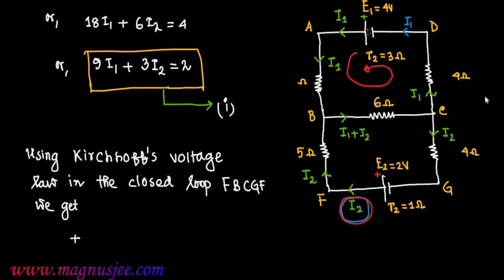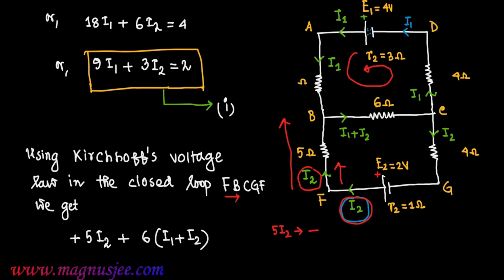Using Kirchhoff's voltage law in the closed loop FBCGF, we get 5I2 plus 6(I1 plus I2) plus I2 plus 4. Here we are traveling along FB, and the current I2 is also flowing in the same direction across the 5 ohm resistor, and that's why we can write plus 5I2.